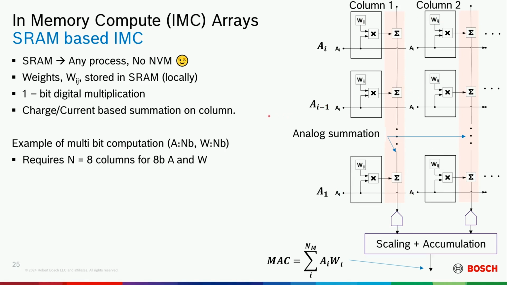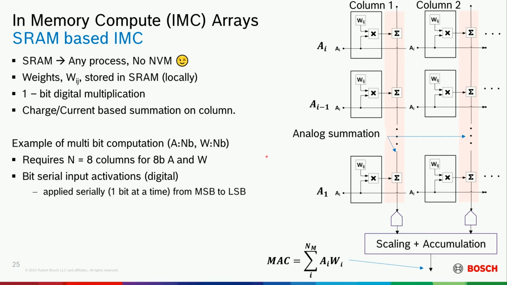In addition, if you want to make it fairly compact, you may want to do some kind of bit-serial approach where you feed your activations in one at a time. Those activations then get summed on these nodes.